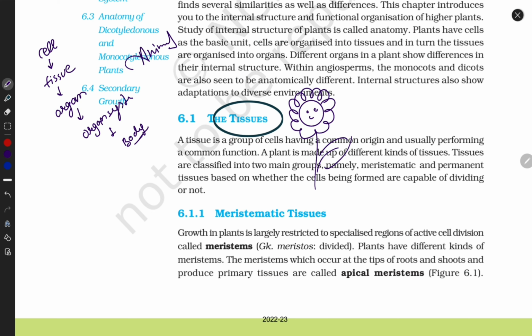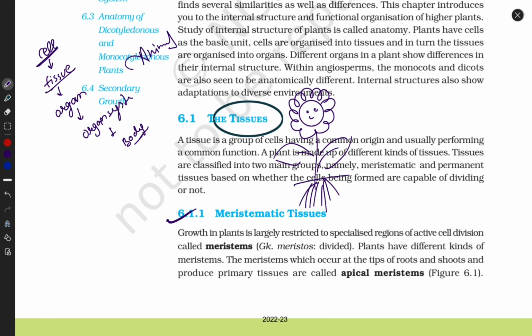What kind of tissue do they have? Let's start at the very basic level. Now we know that cells aggregate and compose tissue. Guys, what is meristematic tissue? If we divide tissue, how do we divide? Meristematic tissue, and some are permanent tissue.